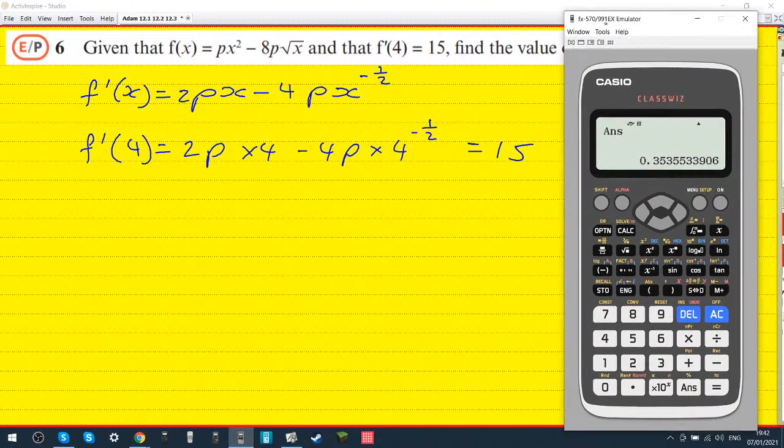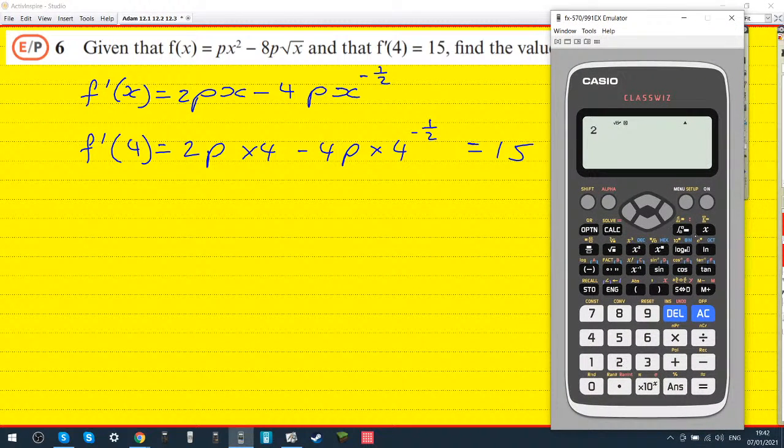So you could simplify it. Okay. I use x instead of p.